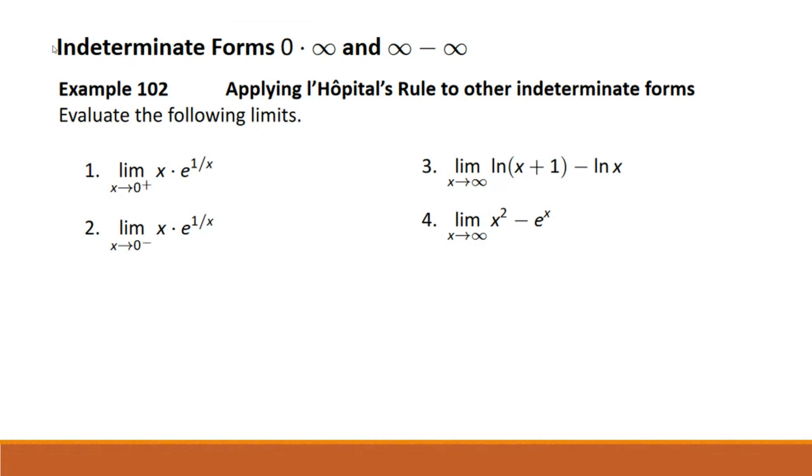Number 2, the same thing if x is approaching 0 from the negative side. So x equal to negative 0.1, negative 0.01, negative 0.001, what's going on with this one? 1 over a negative number is negative, so e to a negative power, x is negative now. e to a negative number is a reciprocal, 1 over something.